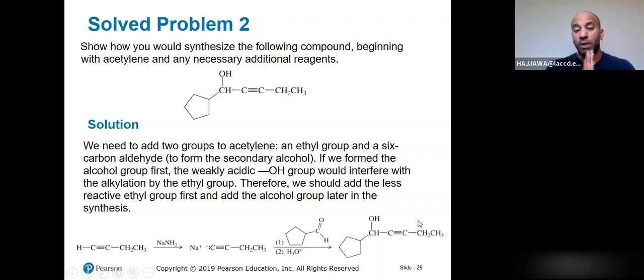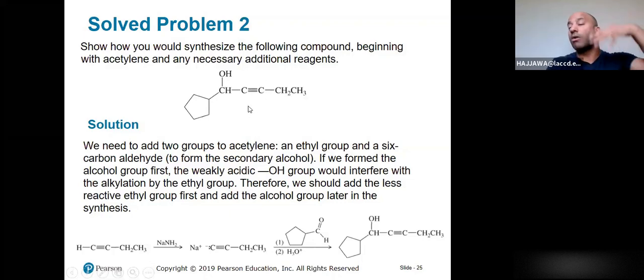So it's important to keep in mind that we have to go through the SN2 reaction with the acetylide first, because if I react the acetylene with sodium amide to give you the acetylide, and then react it with the aldehyde, that's going to give me an alcohol. So if I have the alcohol side in first, not the ethyl, and I react the terminal alkyne, which has the alcohol already, with sodium amide, I'm going to have a competitive acidic hydrogen.